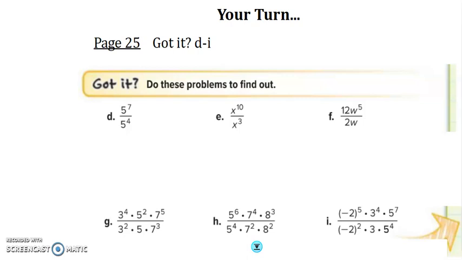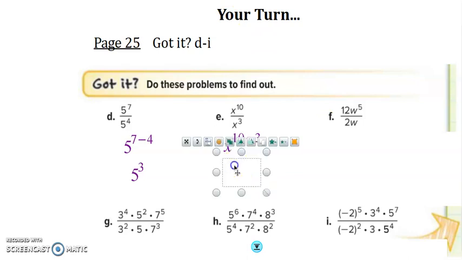Alright, let's take a look at what you've got here. So in the first one, 5 to the 7th over 5 to the 4th, well, the like base is 5, we're going to subtract the exponents, and that gives us 5 to the 3rd power. In letter E, I have a like base of x, and I'm taking the exponents 10 and subtracting 3, and that will give me x to the 7th power.